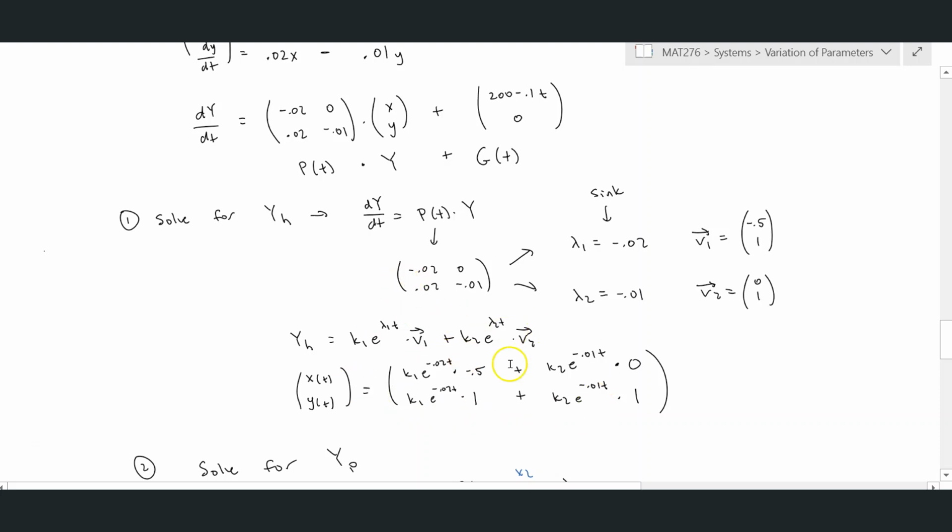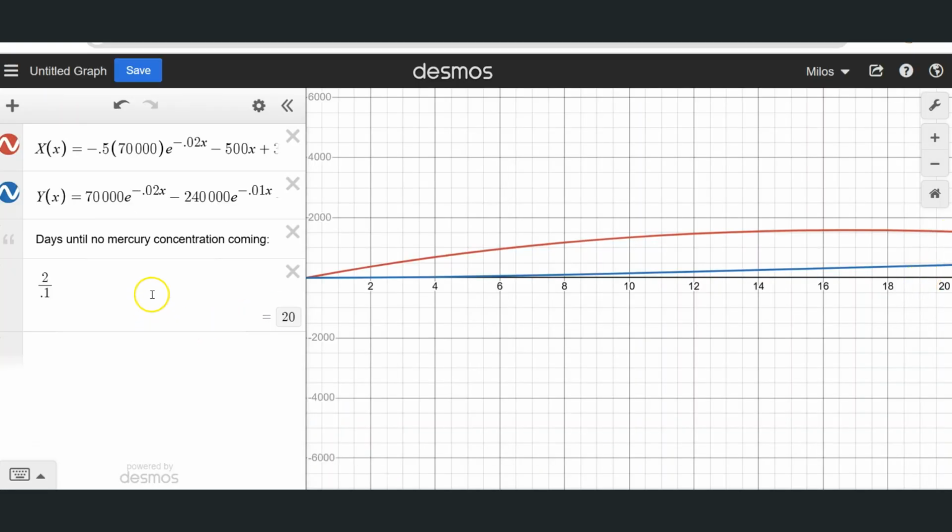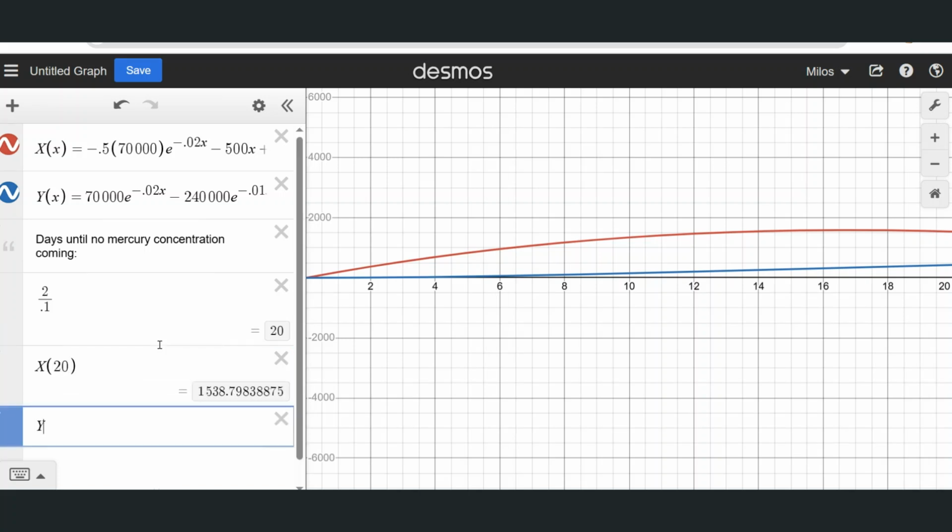And then at that point, we need to solve for K1 and K2 using the x and y conditions at time 20. So if we take a look at x of 20 and y of 20, there would be 1,538.8 milligrams of mercury in Lake 1 at day 20, and 427.02 milligrams in Lake 2 at day 20.